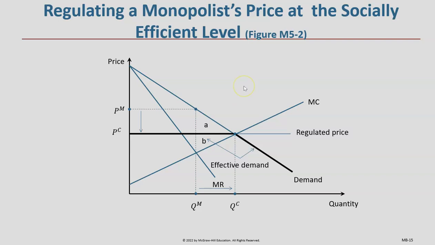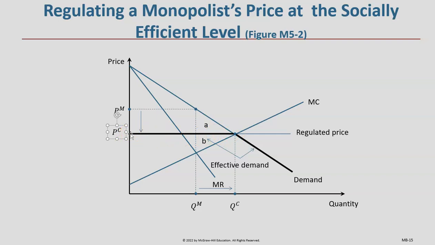Okay, so a regulator who knows the cost and demand conditions in the market could set a regulated price at PC to mimic the competitive price. And so this dark line, this dark shaded line, would be the effective demand curve.